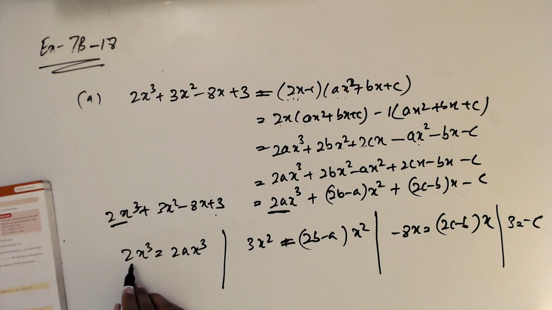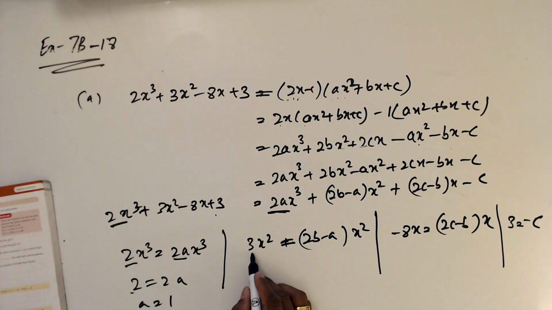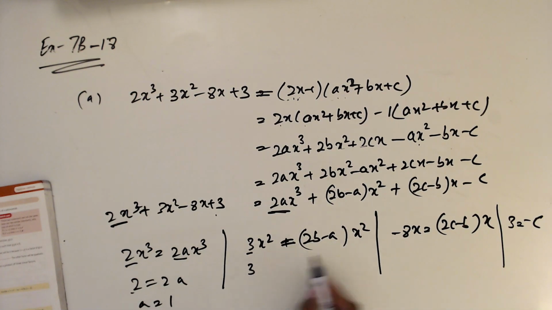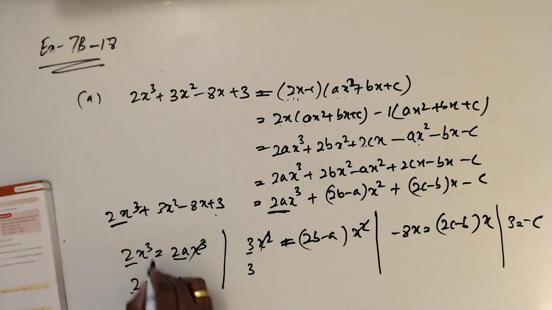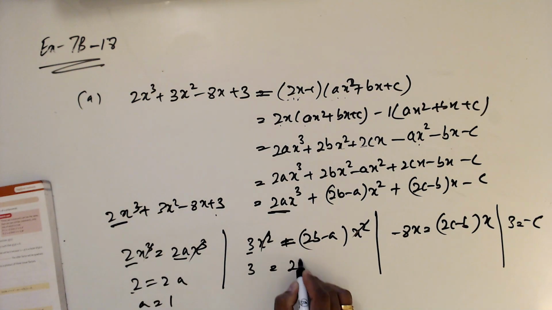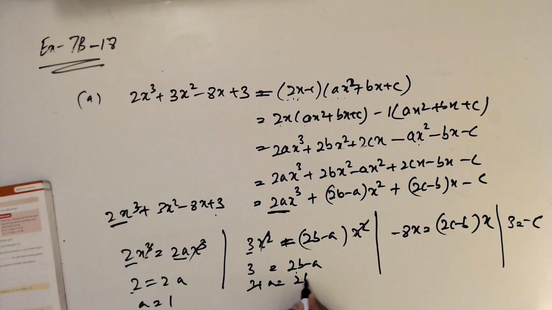Now you can see that 2a equal 2, it means a equal 1. You can see that this 3 value x square when cancel out, this is 2b minus a. 2b means 3 plus a.